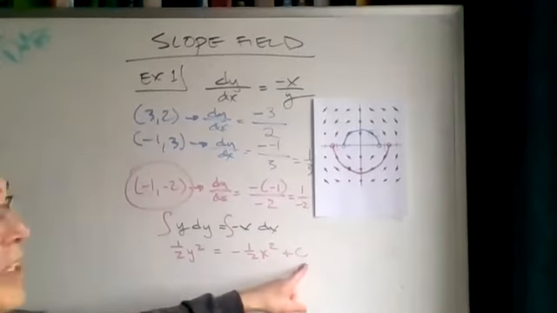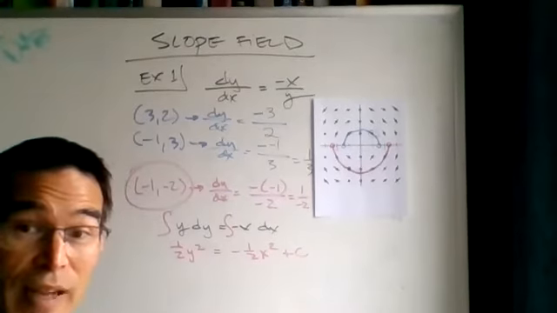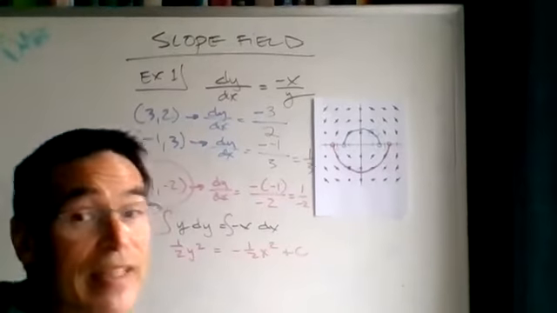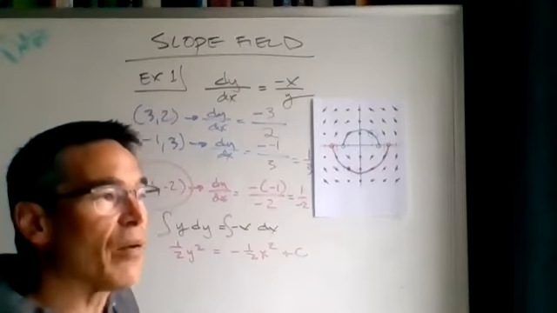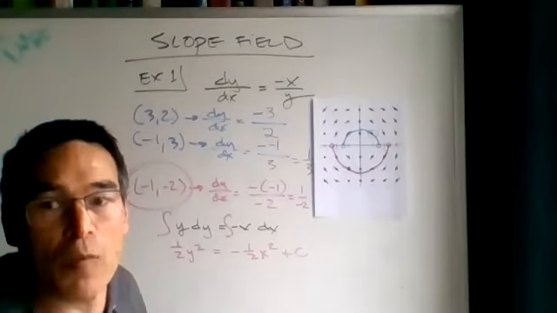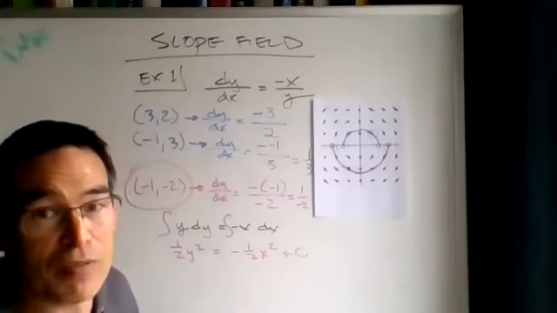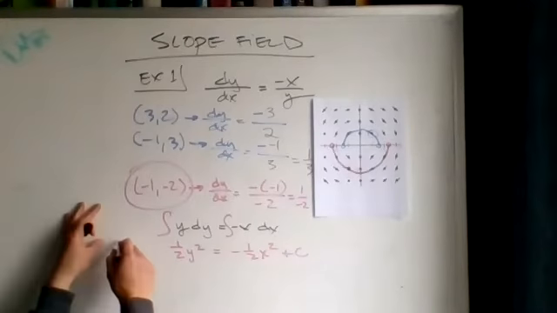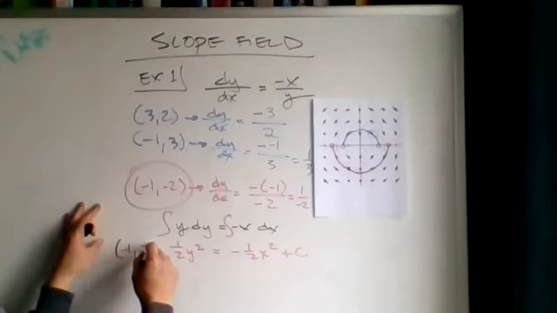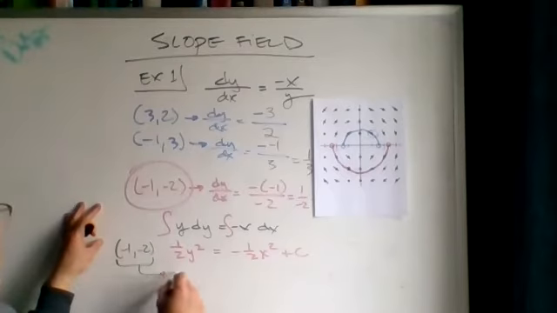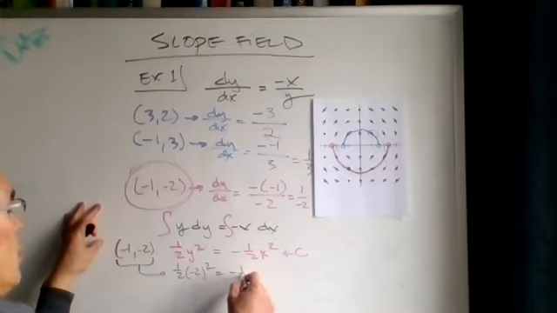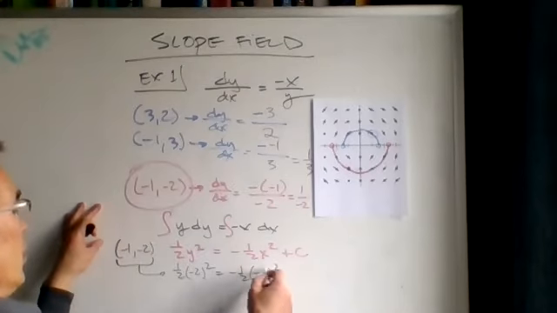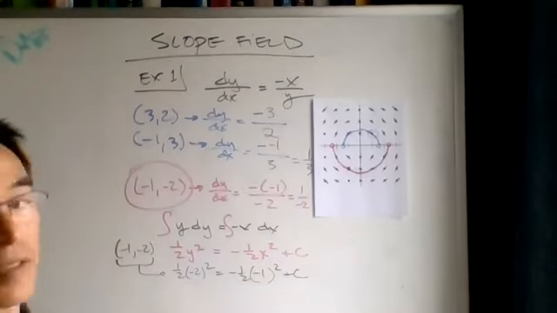Now I can figure out what c is, right? That's my habit. Gary says you can do it at the end, and that's how his directions are written out. But I am a solve-for-c-early guy. Okay, so I'm going to do that right now. So 1/2 times (-2) squared, and -1/2 times (-1) squared.